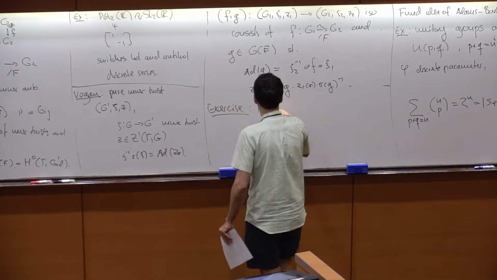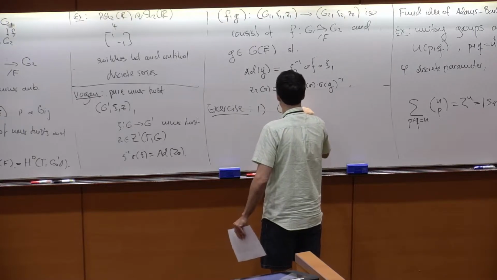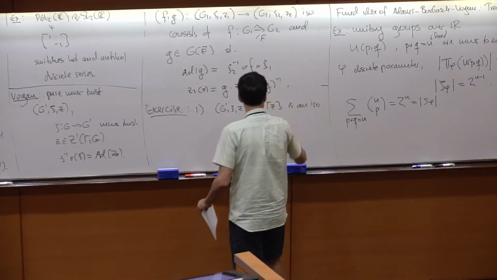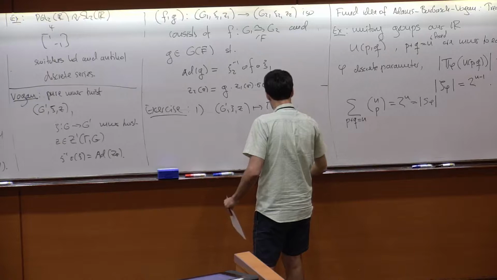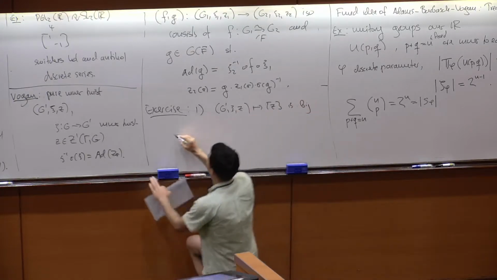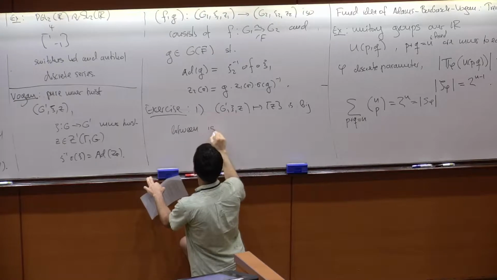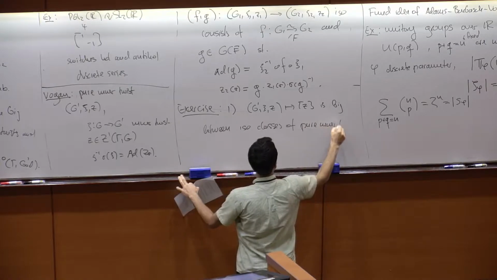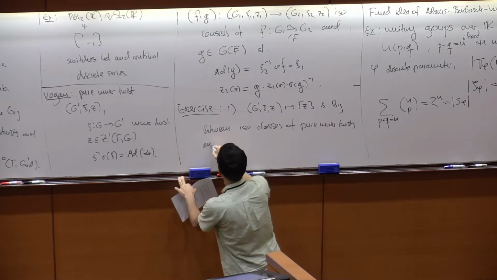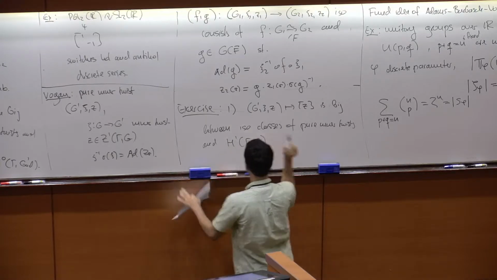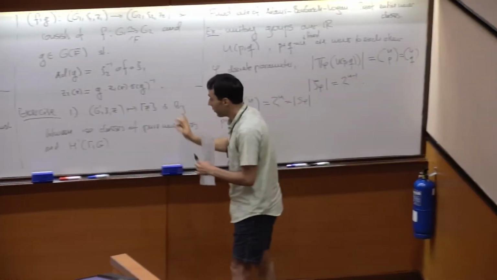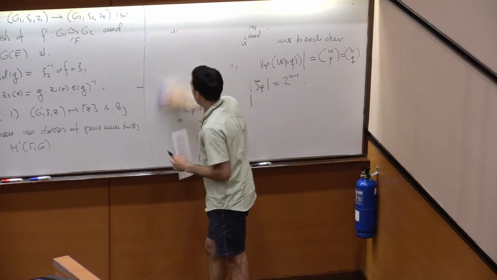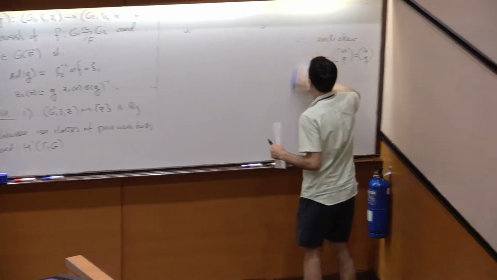Okay, and so now comes the exercise, which is, if you take G prime, psi, and z and map it to the class of z, this is a bijection between isomorphism classes of pure inner twists and H1 of Galois, G. And by analogy with the previous exercise, you can imagine now what the automorphisms are going to be of a pure inner twist.